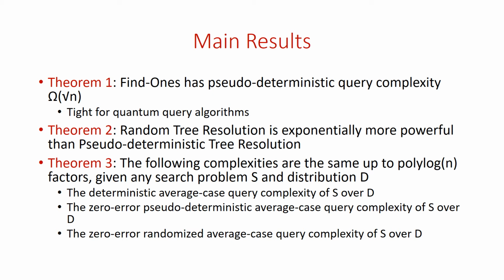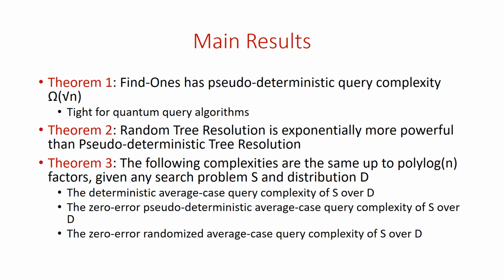While theorem 1 gives a separation between pseudo-deterministic query complexity and randomized query complexity, where randomized query complexity of find once is constant and pseudo-deterministic query complexity is Omega square root n, theorem 3 shows that there's a very natural setting in which these complexities are essentially the same.